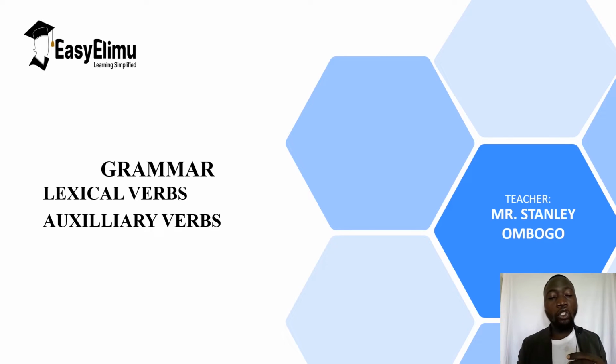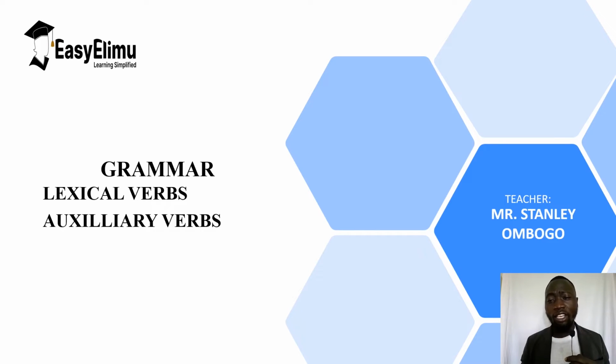We are also going to look at another type of verbs, that is auxiliary verbs. So we are also going to give examples in sentences to help us understand how these types of verbs work.